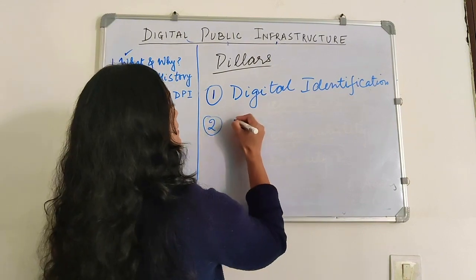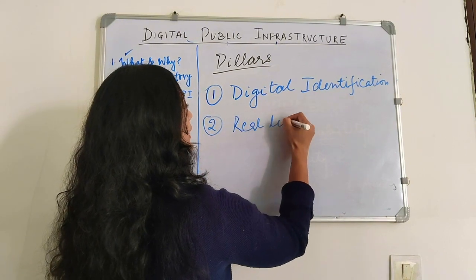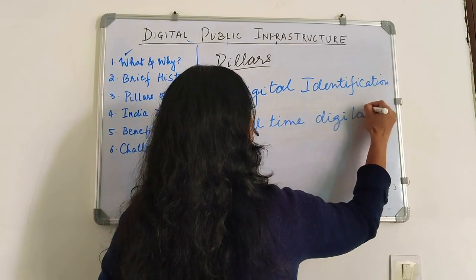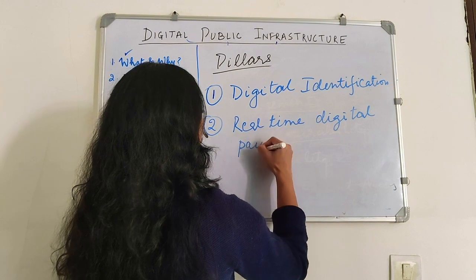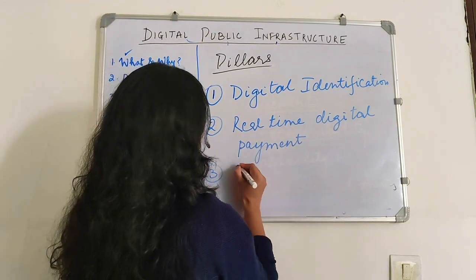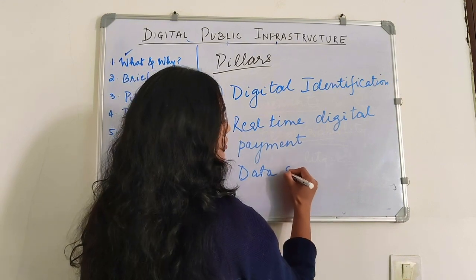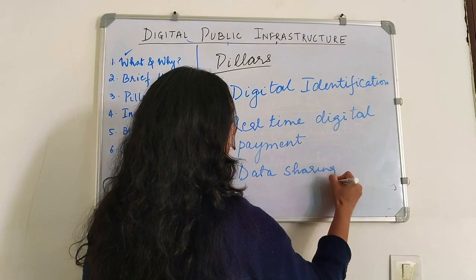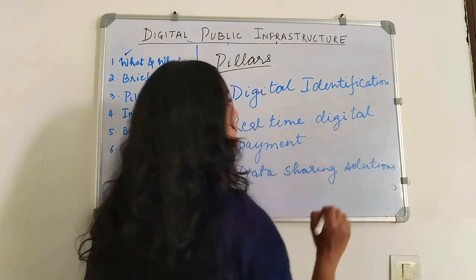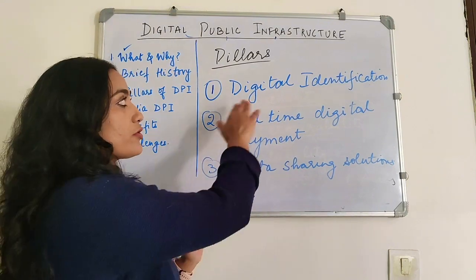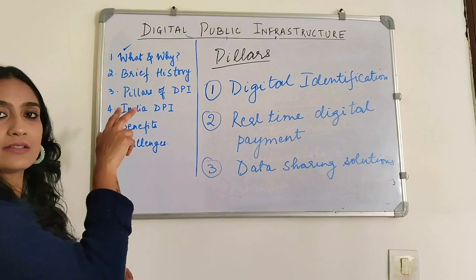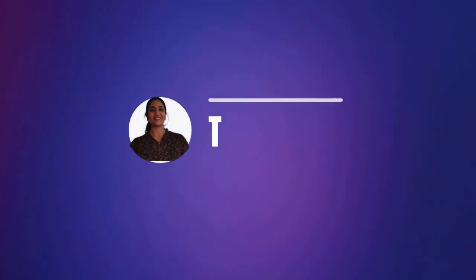The second is real-time digital payment system or payment. And the third is data sharing solutions. Now let us understand each of these pillars using the particular example of the DPI that exists in India.